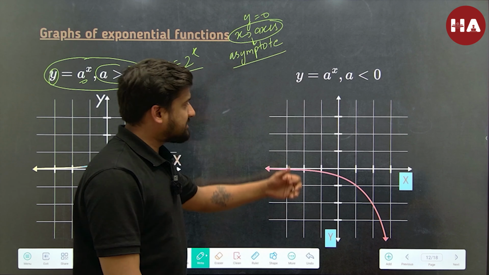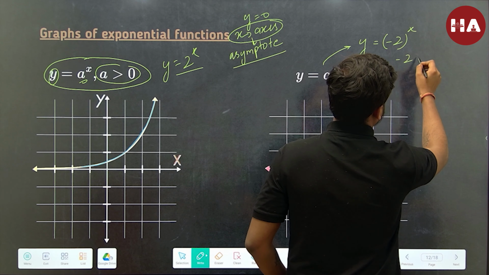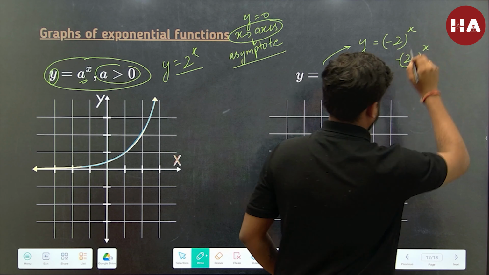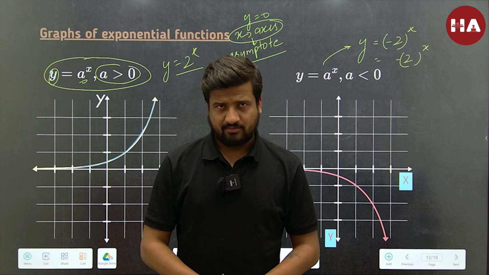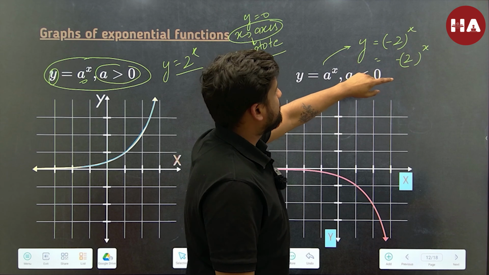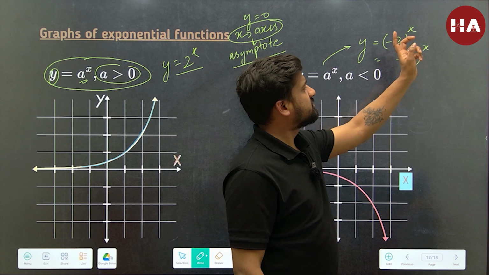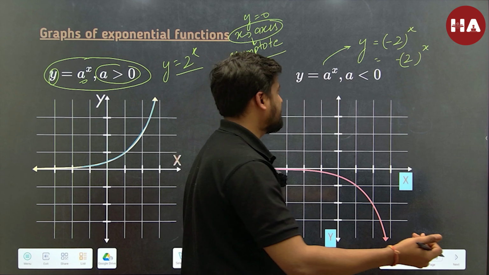Next, if a is less than 0, an example is y equals minus 2 to the power x. There's a difference between this and this, so do not take them as the same thing: y equals minus 2 to the power x, and y equals minus 2 raised to the power x. Are they the same thing?